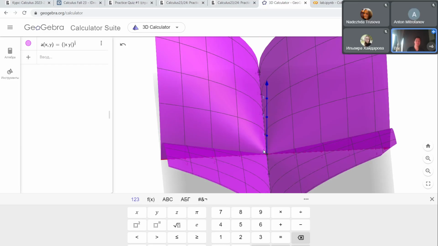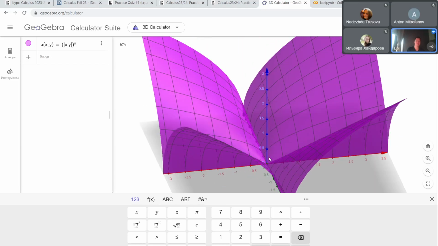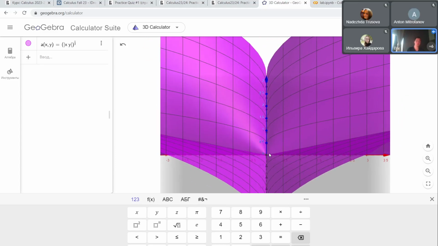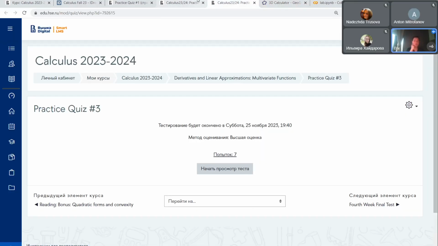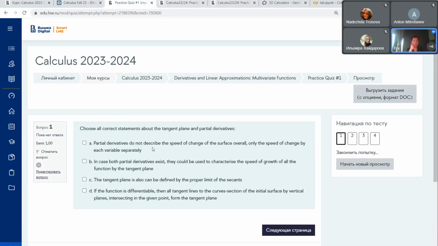But we can't say that it describes the speed of change of the surface overall, because you can easily see that in the direction y equals x, the function changes its value much faster than with 0 speed. So that's why we can't say that in any possible situation the partial derivative describes the speed of change of the surface overall. Okay?